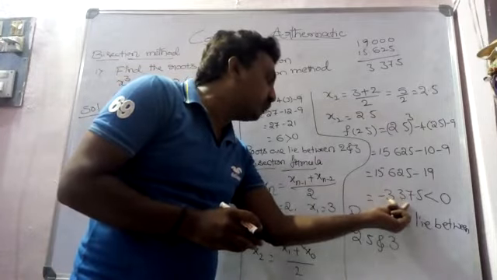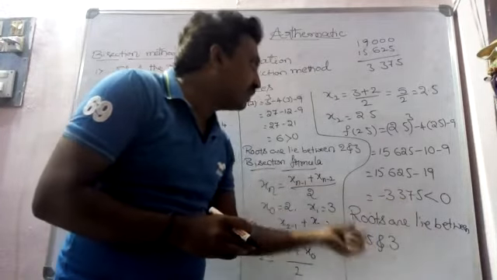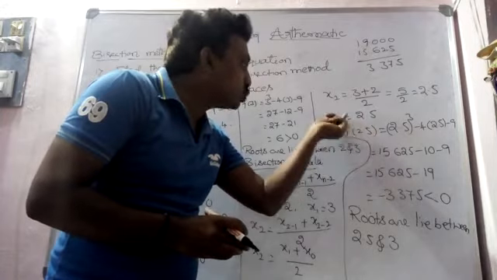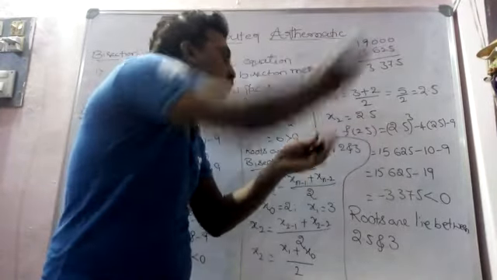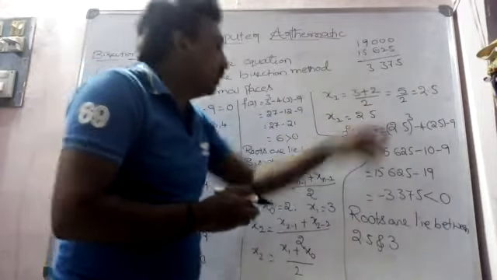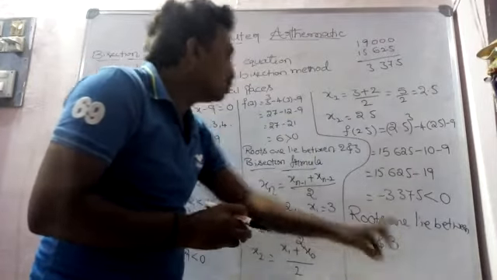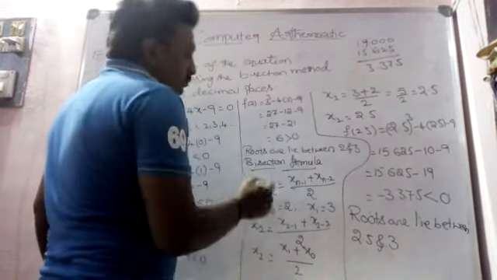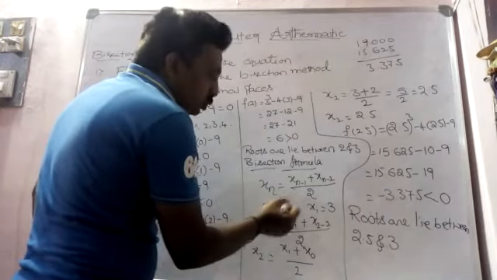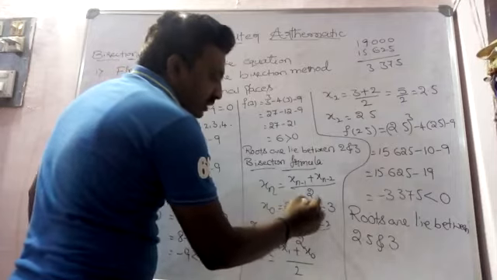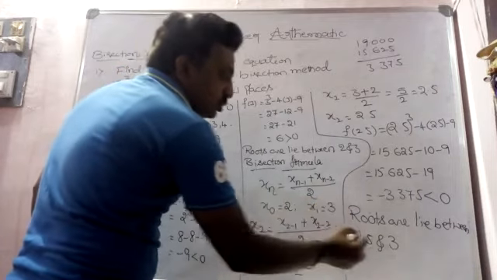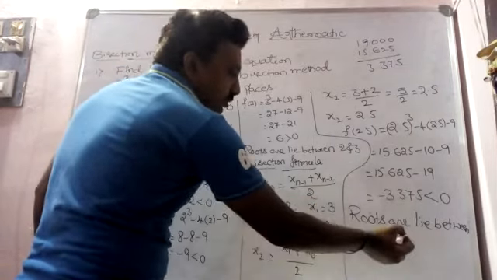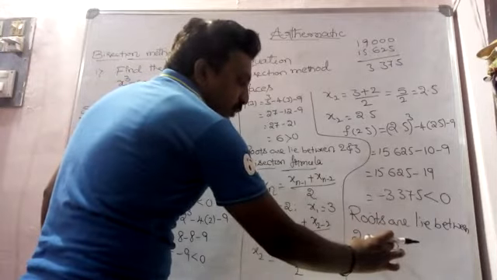When we get a negative value, the roots lie between this point, x2, and the next point, that is this one, the value 3. So 2 above 3. This one is 2.5 here we get, then the number after that, that is 3 here. So 2.5 and after number 3. So the roots lie between 2.5 and 3.